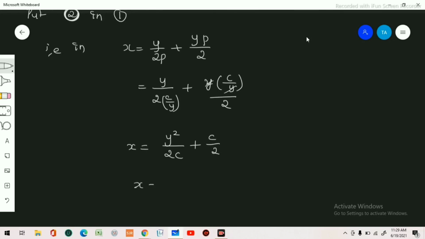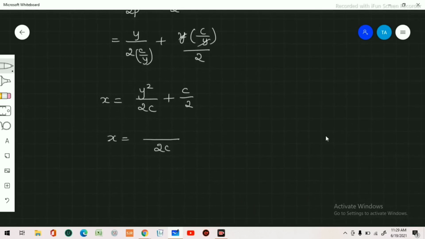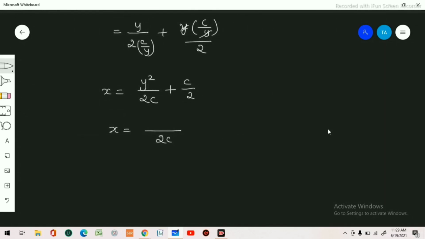So take the LCM now. LCM is 2c. How much will I get? y square plus c square. LCM, is it correct? Yes, sir. So cross multiply this. 2cx is equal to y square plus c square.